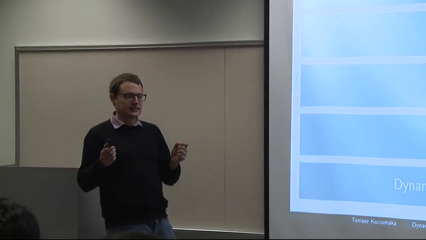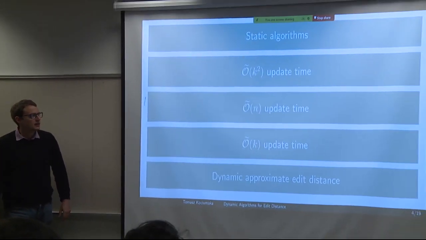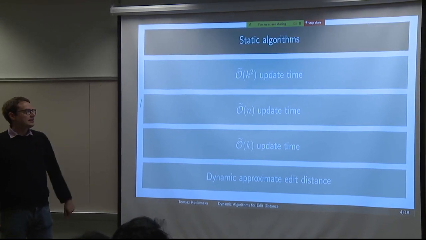This worst case instance is inserted in k steps, and this quadratic time in k is necessary based on the orthogonal vectors conjecture. So you can only hope to improve the log factors or sub-polynomial factors in this order of k dependency. Any more questions? OK, so let me start with the static algorithms.